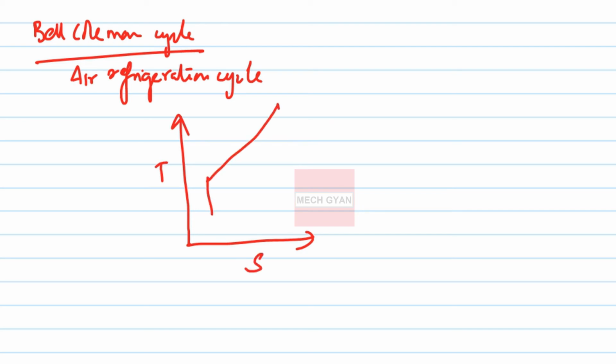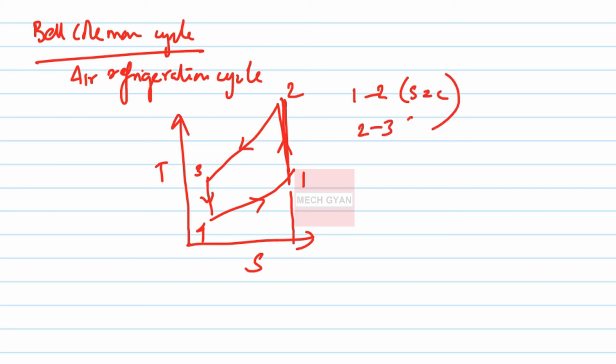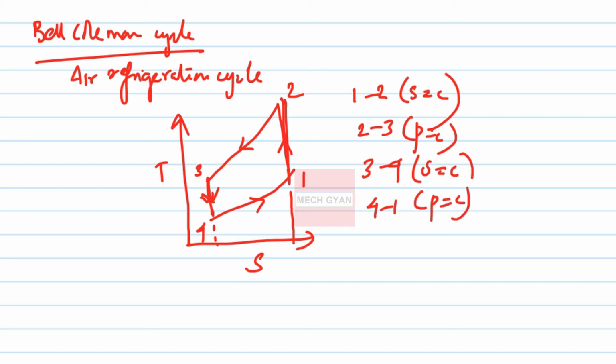The TS diagram: since this is a refrigeration cycle, the direction of the arrow should be anti-clockwise. 1 to 2 is S equal to constant, a straight line. 2 to 3 is P equal to constant, 3 to 4 is again S equal to constant, and 4 to 1 is P equal to constant.